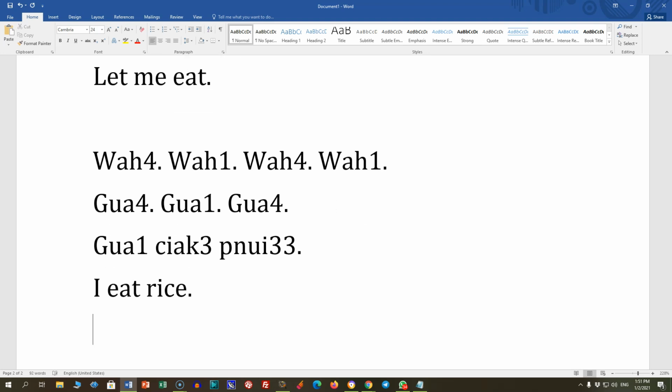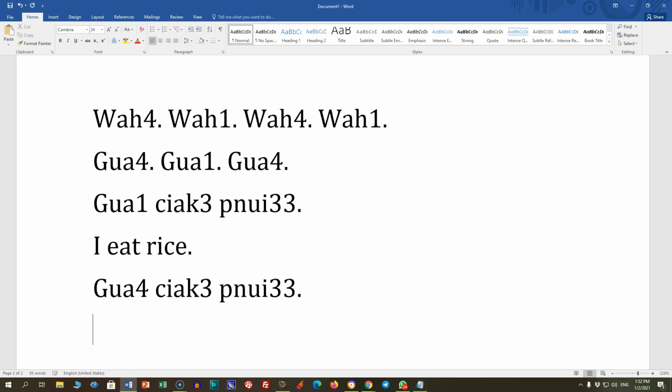Or an emphatic sentence, 我吃饭. So that ends our lesson on the use of gua.